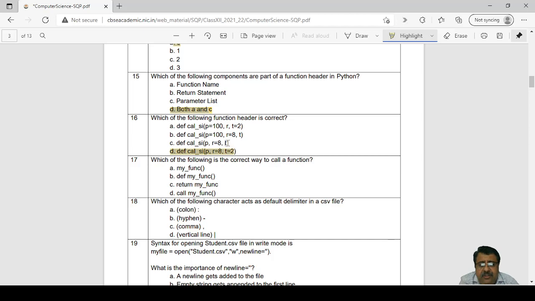Okay. Now, which of the following is the correct way to call a function? The correct way to call a function is simply naming that function, myfunc. Okay.